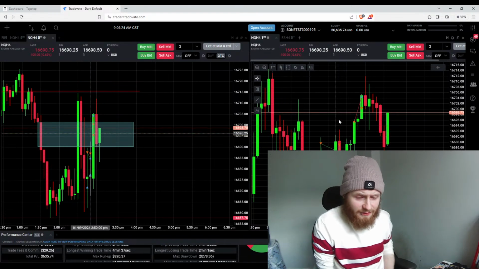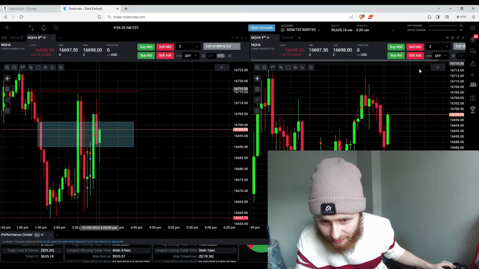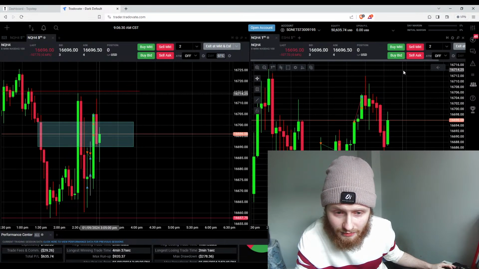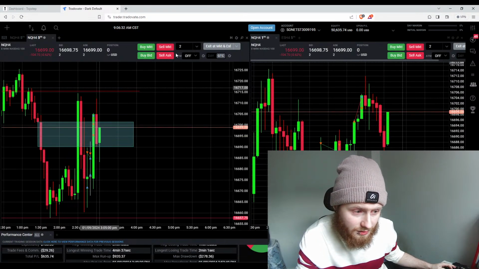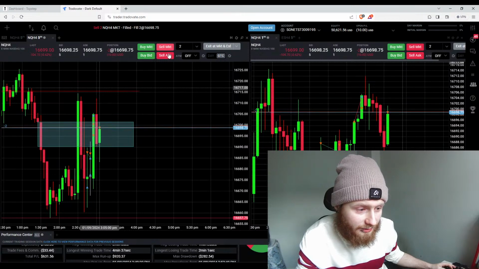And we're having a bit of a push into quite a nice zone actually for a short. What am I thinking? Short top of the range again? Order filled.